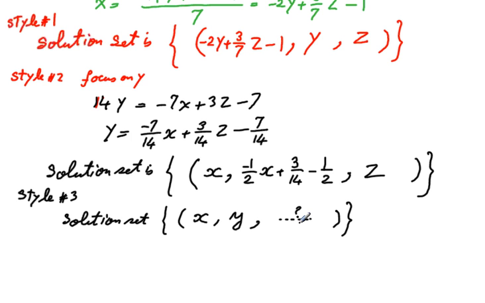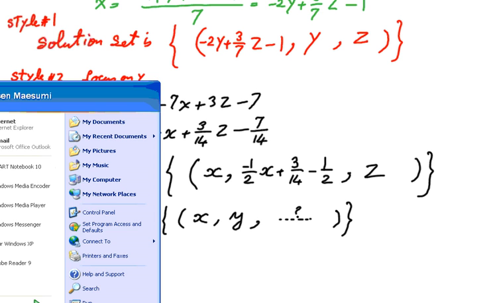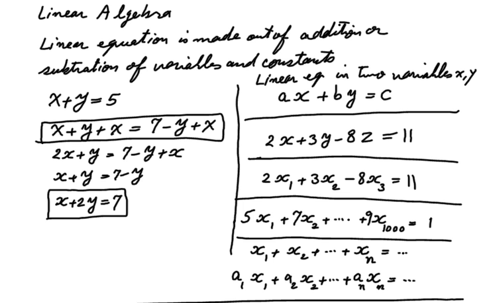Solution sets could be much bigger than what you're used to. Okay, that is for the beginning of linear algebra. If you have one equation, that's what you do. Now let me just mention there is a tiny bit of difference between my style of writing solutions and what the book does.